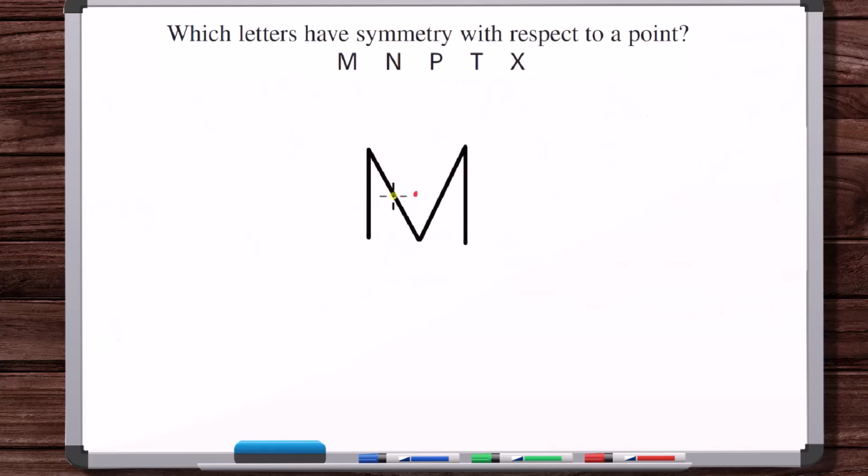Okay, so like these 2 points are corresponding. But again, when it comes to point symmetry, we're not limited by perpendicularity. So that's nice. So we could do this. Those points are corresponding. But we can automatically see that there's no way this is going to have a point of symmetry. Because all we need to do is pick a point and then draw a line to the point of symmetry.